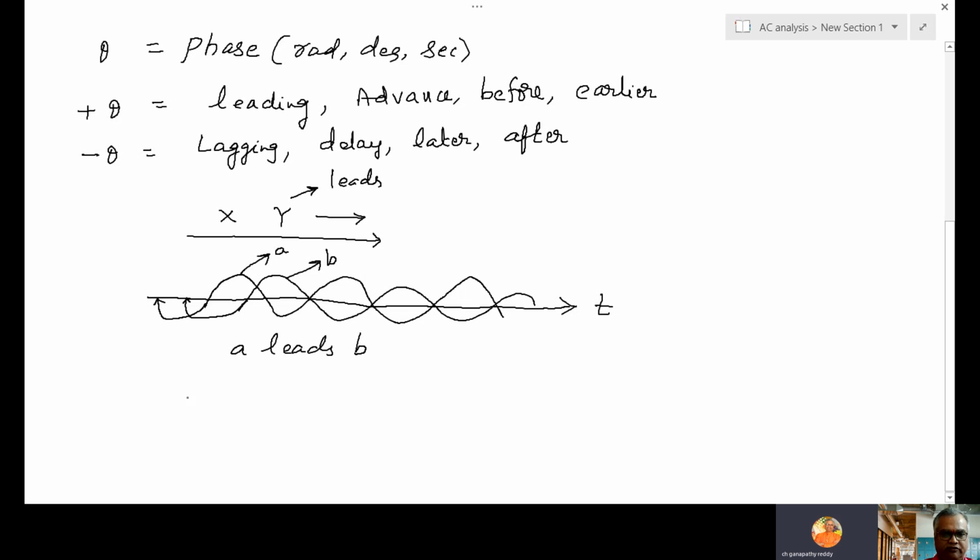For understanding in a better way, I take one numerical example. f of t is 10 sine(30t plus 30 degrees).